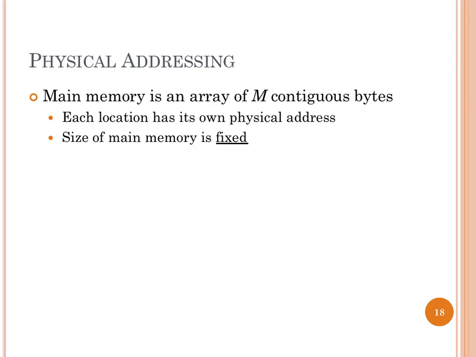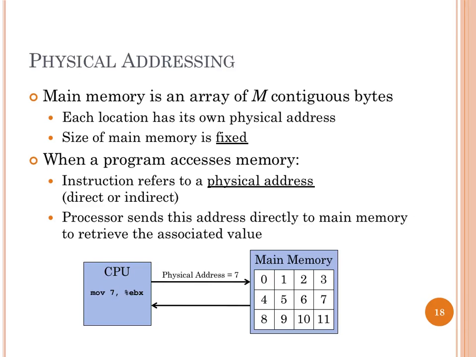Okay, so main memory is fixed. We'll say it's capital M contiguous bytes. So the instruction contains an address. It emits that address. That is a physical address. We've been talking about it this way all term, whether you realize that or not. We've just kind of assumed. We didn't probably think very carefully about what these addresses are.